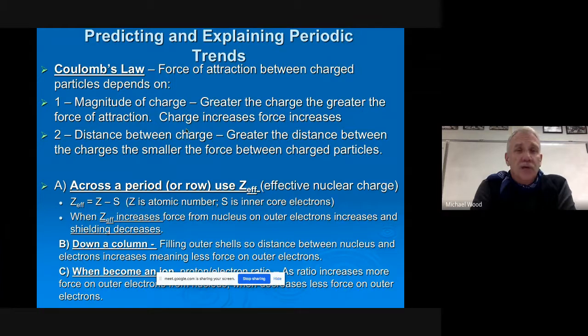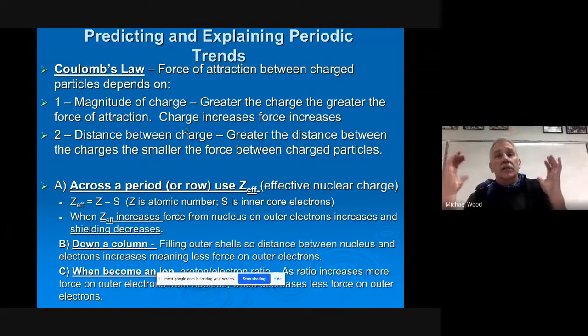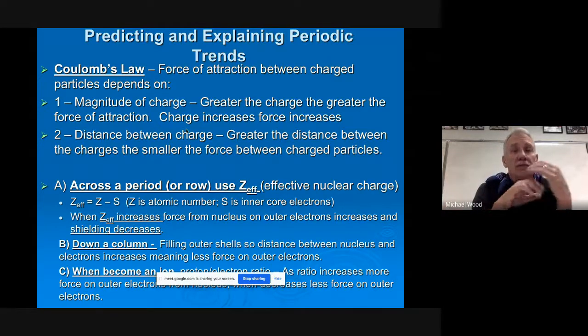But first of all, Coulomb's law, force of attraction. One term that AP loves, and we're going to come to this in chapter 10, probably in late January, February, is called Coulombic attraction. The force of attraction between charged particles depends on, and think of the planets and the sun, the magnitude of charge. The greater the charge, the greater the force of attraction. If you have a big body like the sun and another big body like Jupiter, those two would have a bigger attraction for each other.